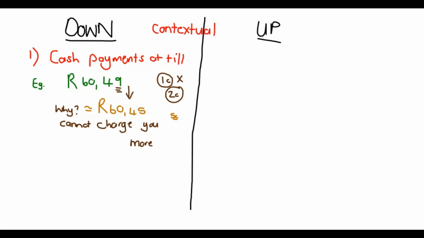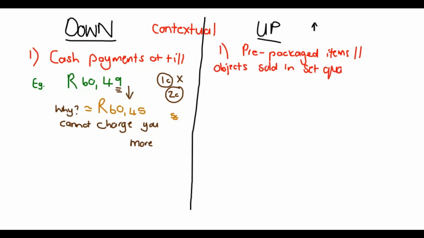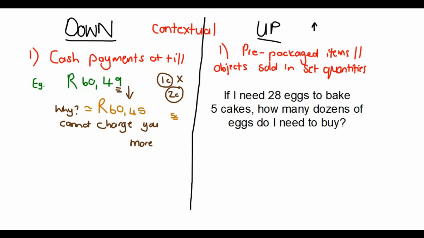In the case of rounding up, there is only one instance, and this is where you have pre-packaged items, or if I put it in other words, objects sold in set quantities, so you can't change the amount. All right, let's look at an example just to see what I mean.